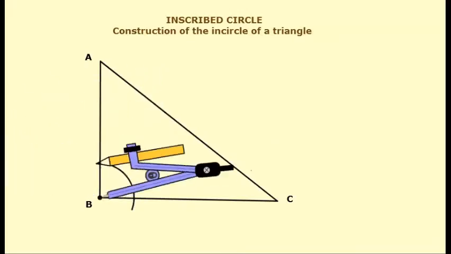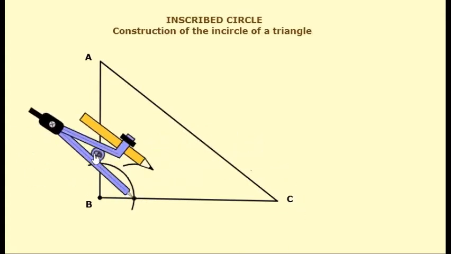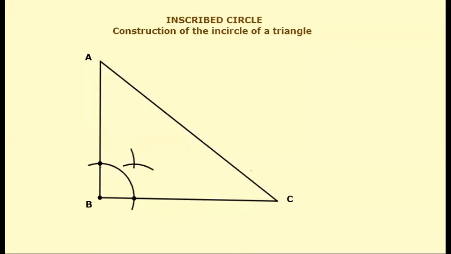You can use a ruler to join these two intersection points, this one and B. You can see this angle has been divided into two equal parts. That is how we draw the angle bisector.